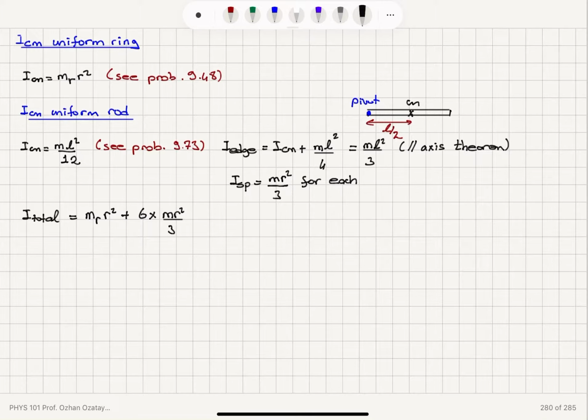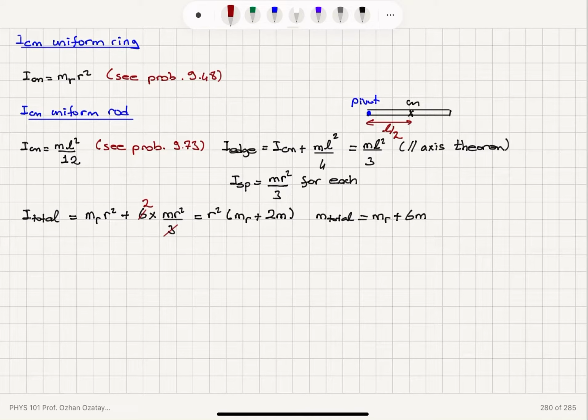So we have in total r squared parentheses, because this 6 will become 2 simplified by 3, m sub r, the mass of the rim, plus twice the mass of each spoke. And the total mass, m total, will be equal to the mass of the rim plus 6 times the mass of each spoke.